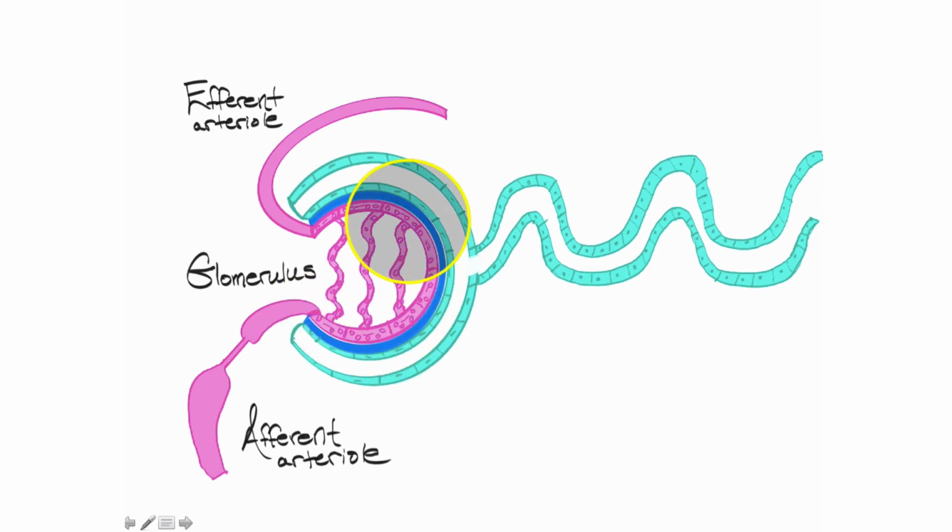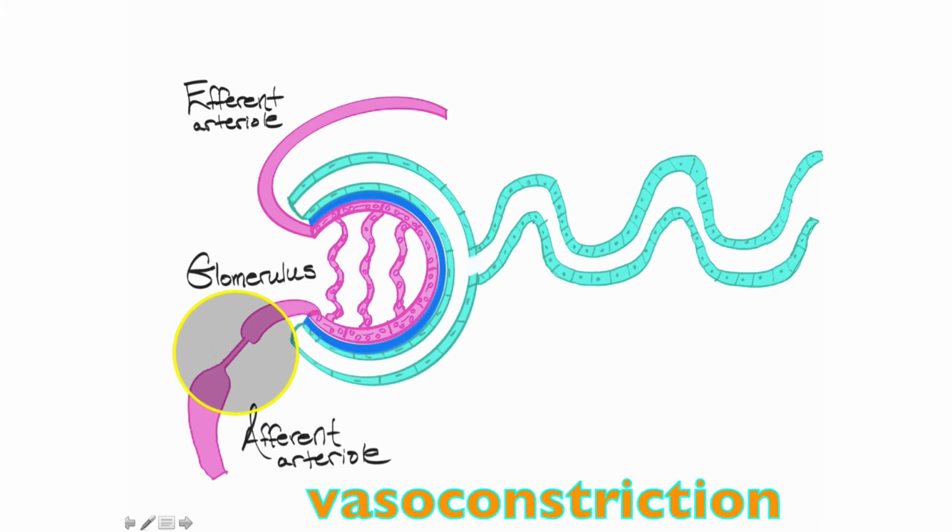And with less blood volume moving into the glomerulus, we're going to decrease pressure. So if GFR is too high, vasoconstriction of the afferent arteriole will decrease GFR, hopefully back down to the appropriate level of 125 milliliters per minute. Once again, the vasoconstriction is going to increase pressure here, which will minimize blood flow into the glomerulus.